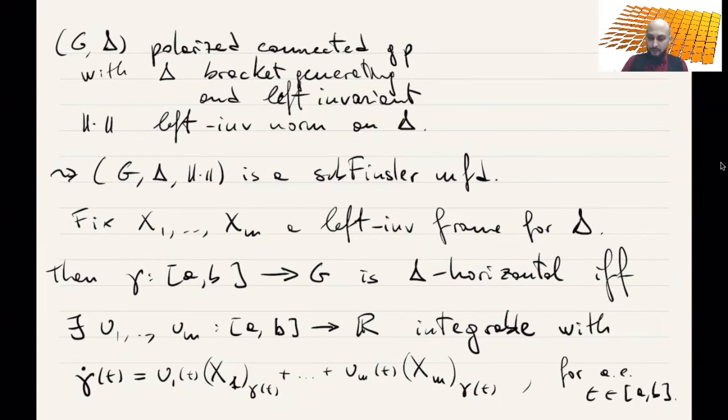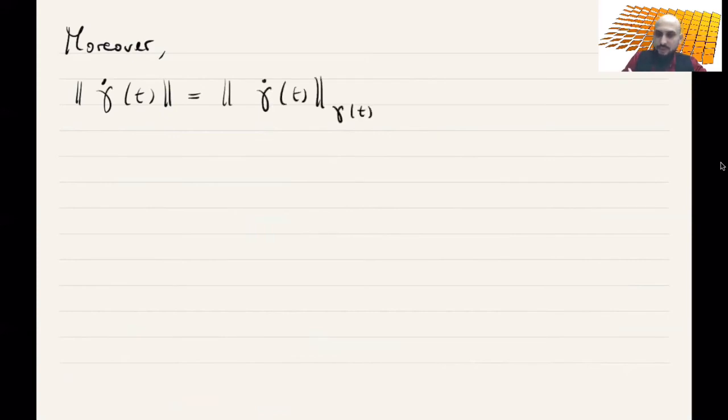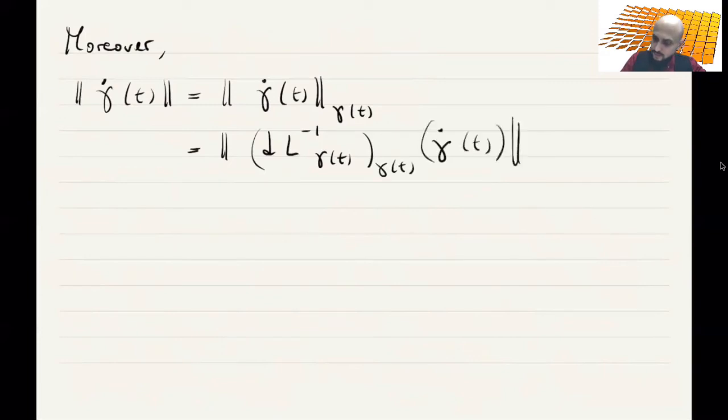And now what is the norm of this vector? Remember, this is a frame, so they all have the same norm. So we can pull back this vector to the identity to know the norm. Moreover, the norm of gamma dot t, the norm of this vector at the point with respect to the norm at the point gamma t, is the norm at 1 of the pullback vector. So I pull back by gamma t the vector gamma dot t, and this is the norm at 1.